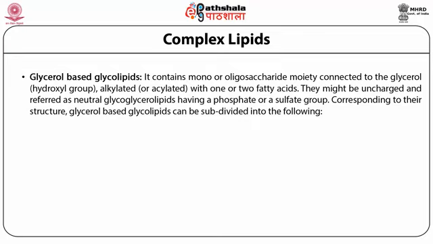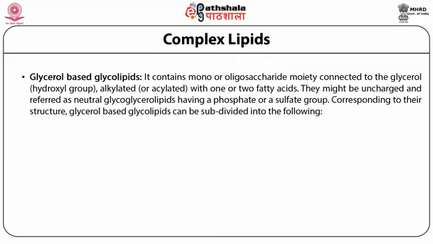The glycerol-based glycolipids contain a mono or oligosaccharide moiety connected to the glycerol or the hydroxyl group, alkylated or acylated with one or two fatty acids. They might be uncharged and referred to as neutral glycoglycerolipids, or have a phosphate or a sulfate group.